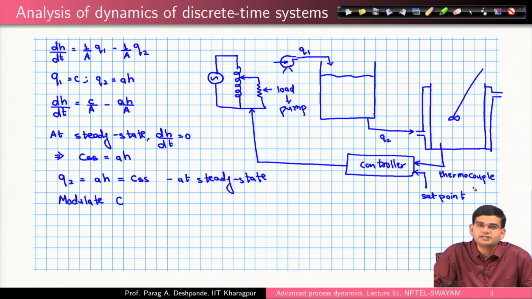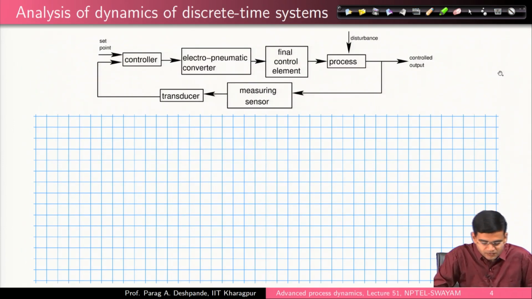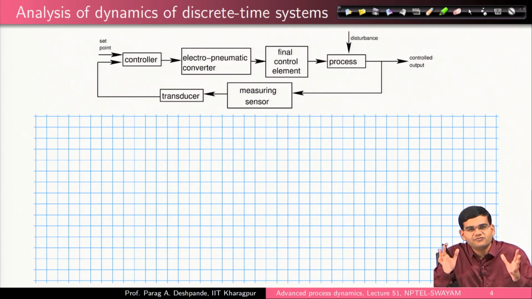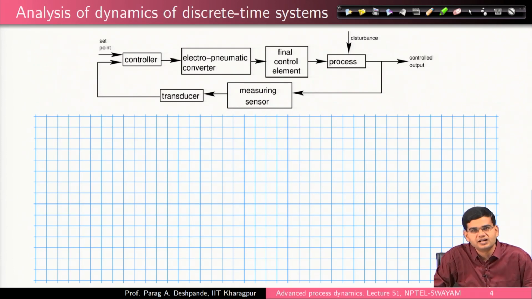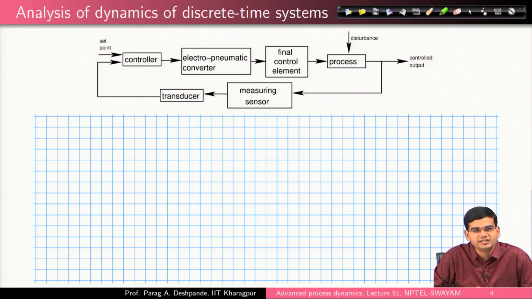So, let us learn some techniques about that. Now, I made a very rough control scheme for implementing a change in flow rate in the tank such that you maintain some temperature in the reactor.